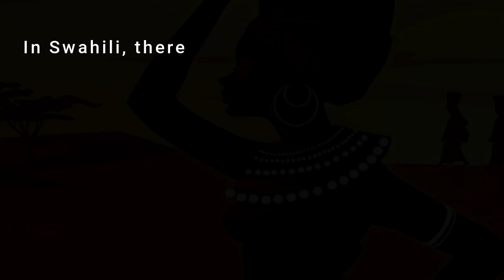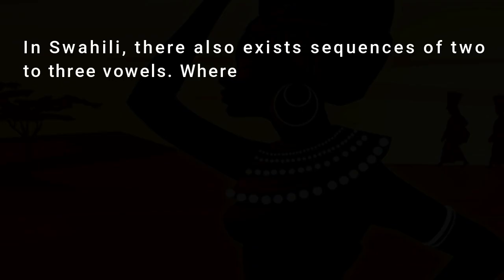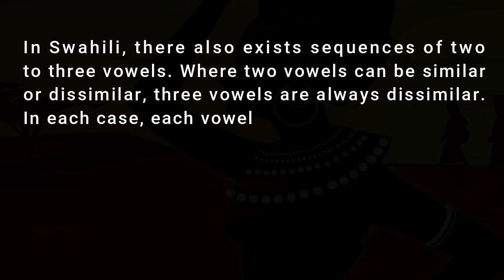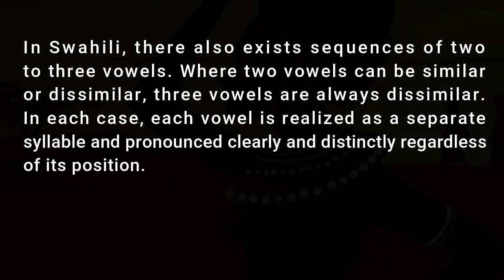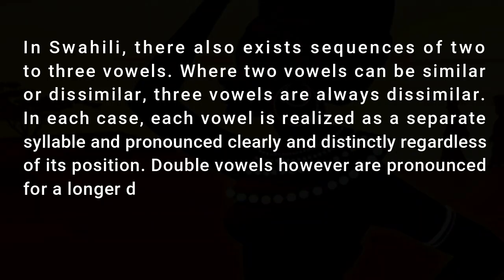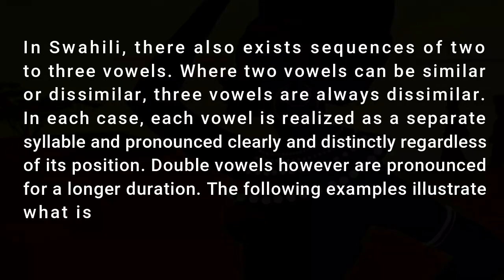In Swahili, there also exist sequences of 2 to 3 vowels, where 2 vowels can be similar or dissimilar. 3 vowels are always dissimilar. Okay, and in each case, each vowel is realized as a separate syllable and pronounced clearly and distinctly regardless of its position. Double vowels, however, are pronounced for a longer duration.